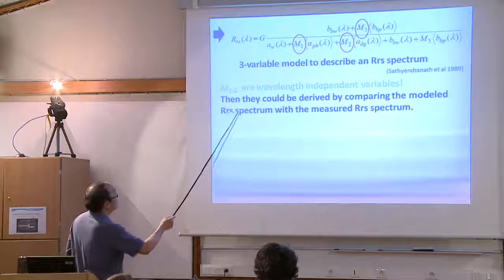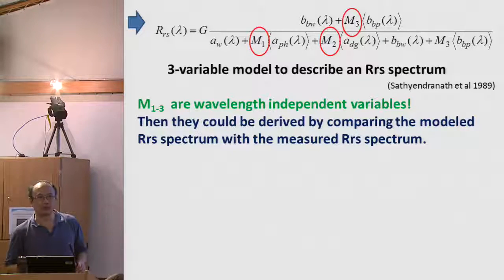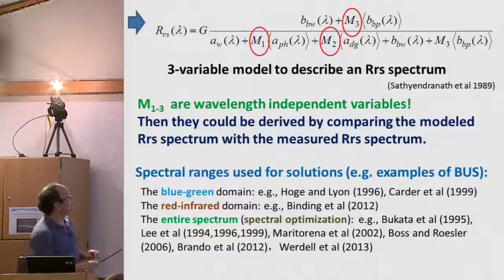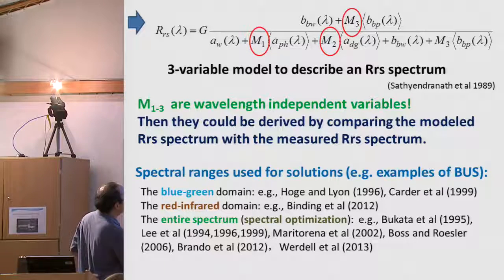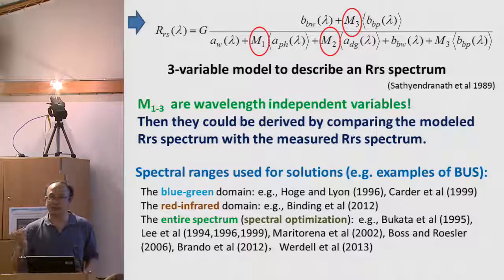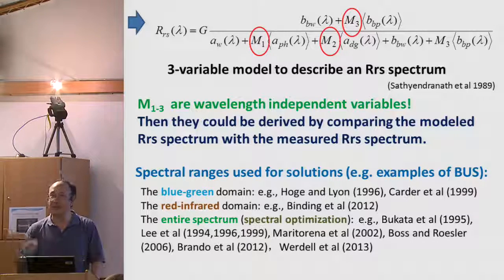So how do we derive these 3 numbers? How do we solve these 3 unknowns? Generally we use spectral optimization, a general term used to solve these unknowns, or use lookup tables.